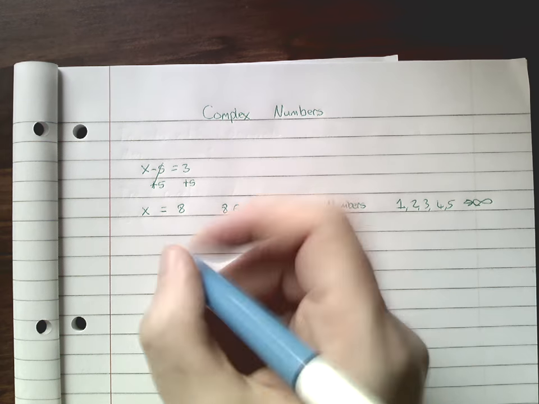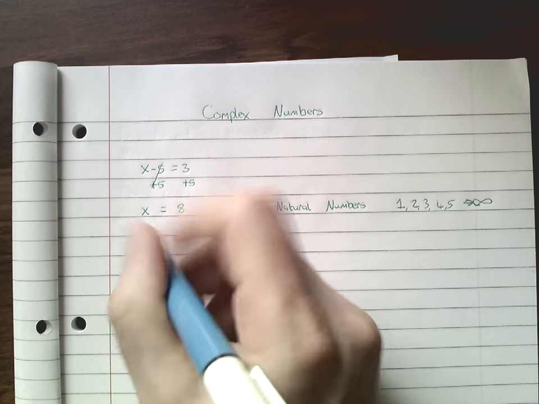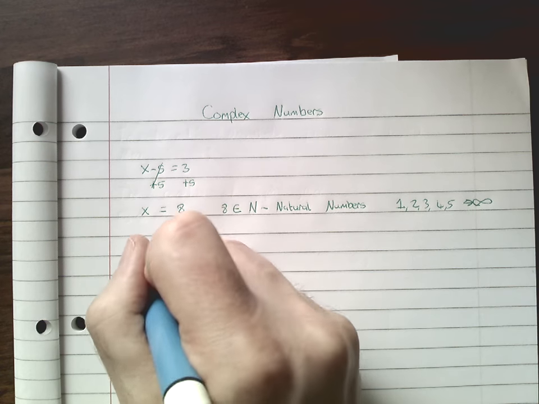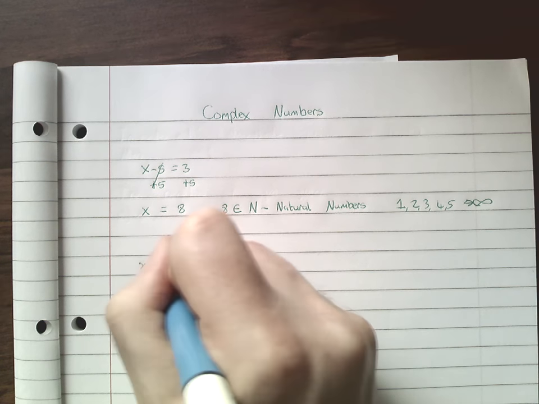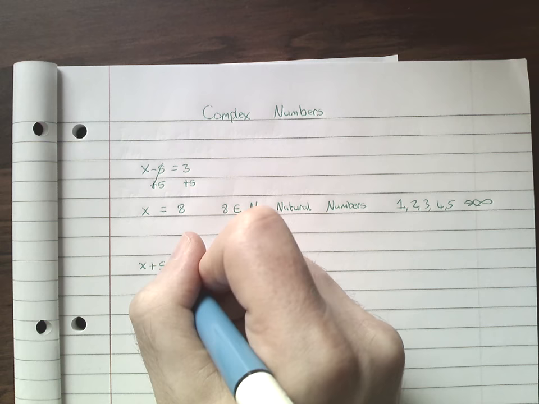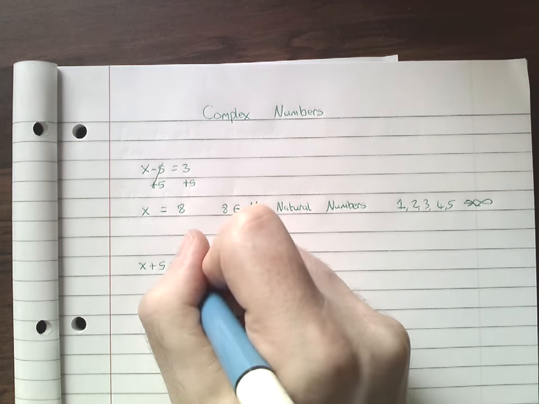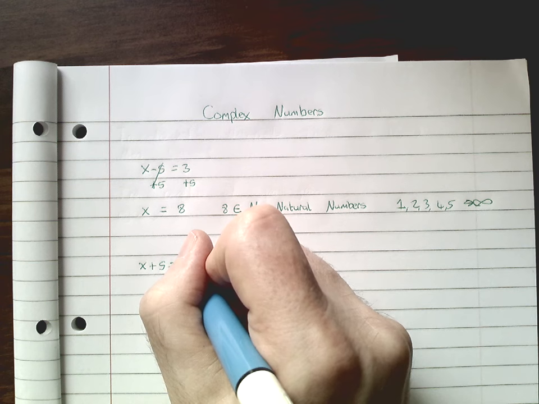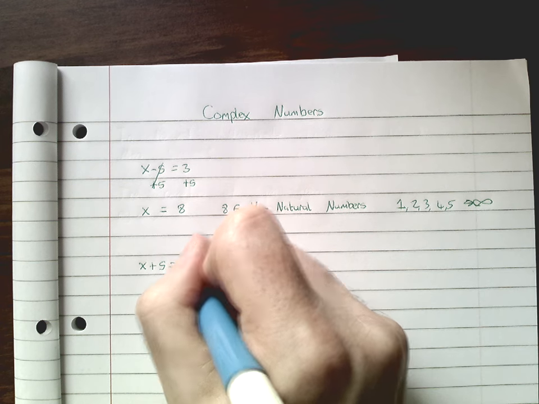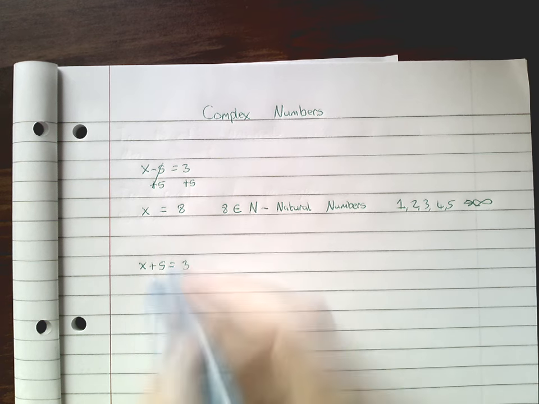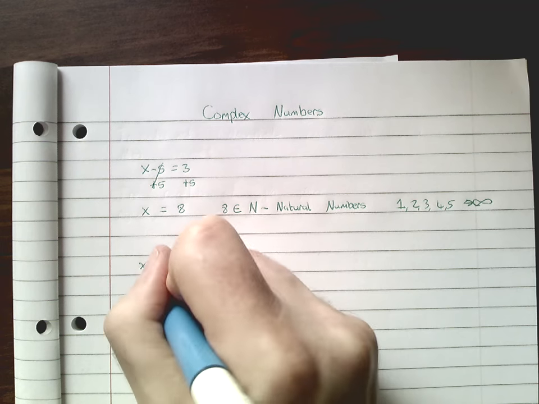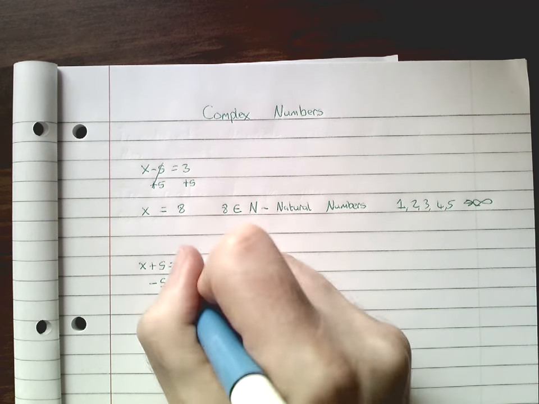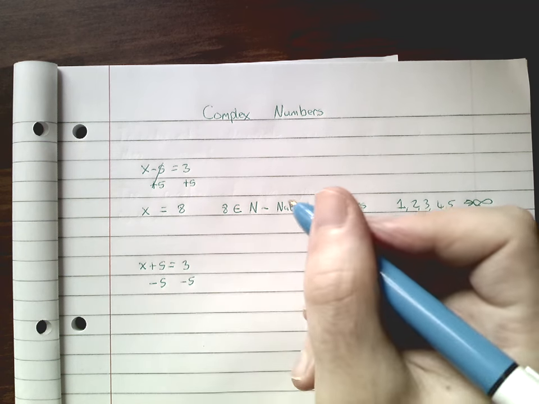If we take something like this, where we have x plus 5 is equal to 3, what we need to do, if we want to get x on its own, is subtract 5 from the left and then subtract 5 from the right, like so.